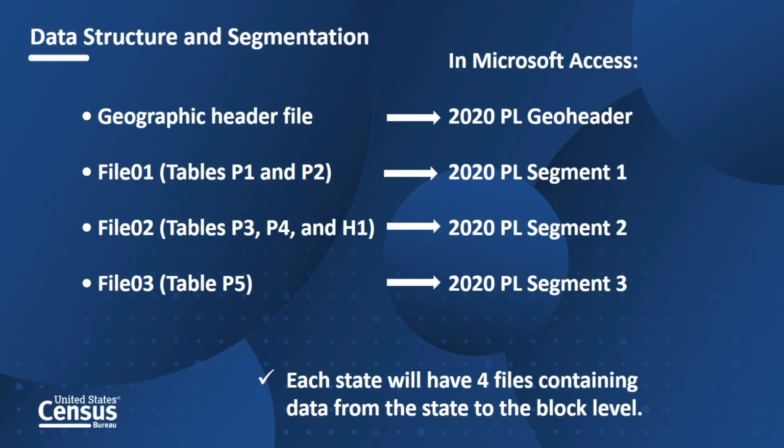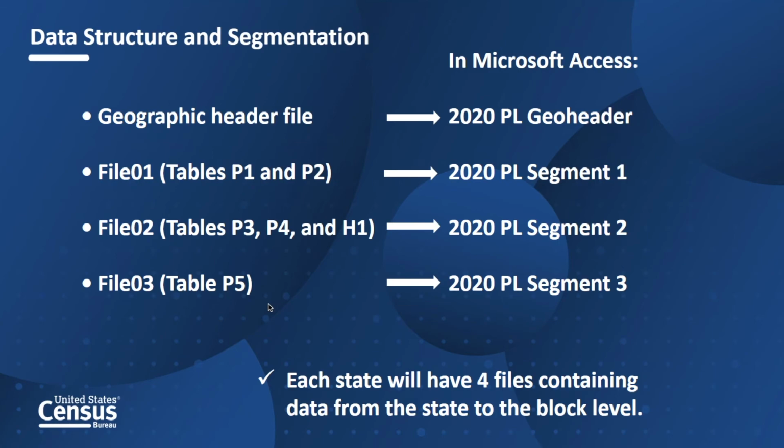When using these files in Microsoft Access, you'll notice that the names of these files are now 2020 PL GeoHeader, 2020 PL Segment 1, in reference to File 1, Segment 2 will be your File 2, and Segment 3 for File 3. Note that each state will have 4 files containing data from the state to the block level.